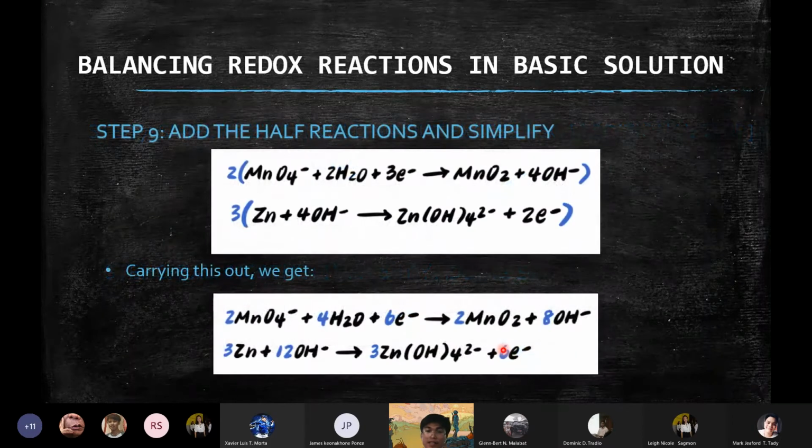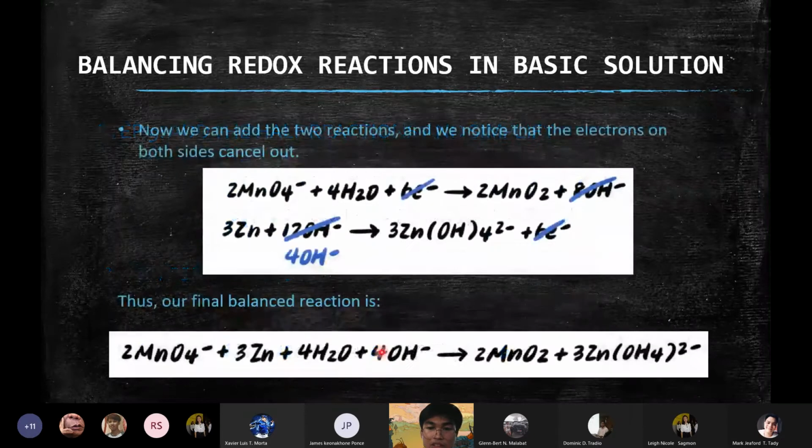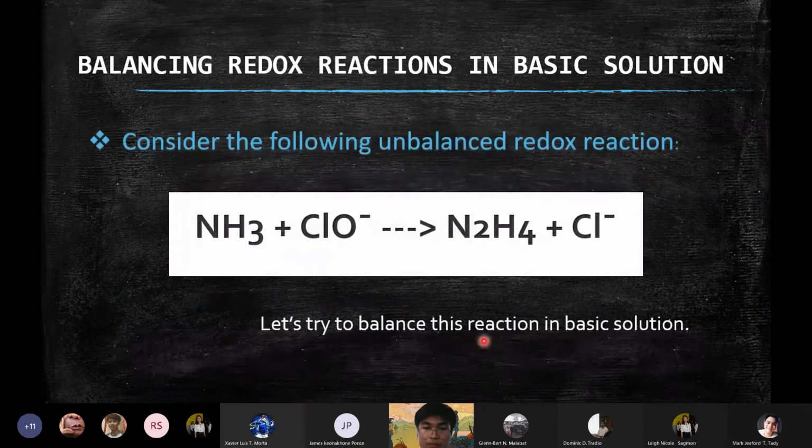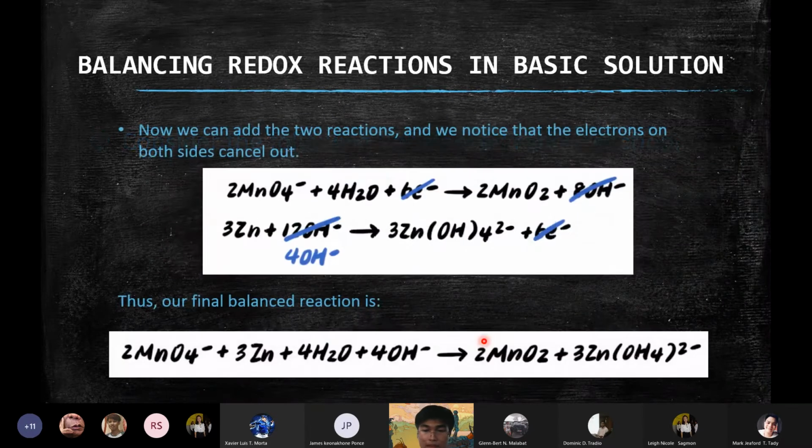By multiplying in order to cancel the excess electrons, making the number of electrons the same, if this chemical equation is in basic solution, the balanced chemical equation will be this one. This is our final balanced chemical equation.